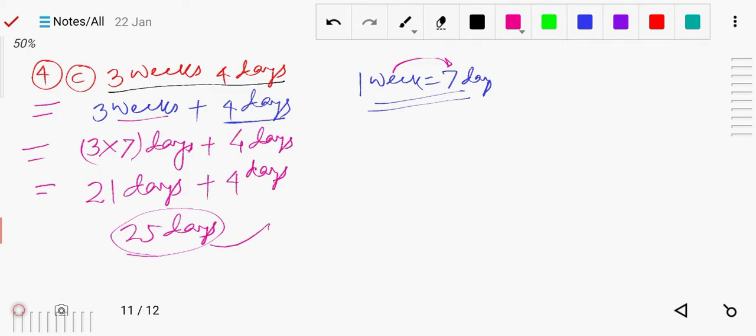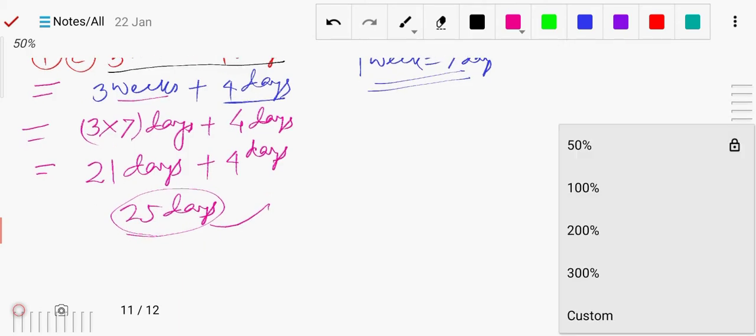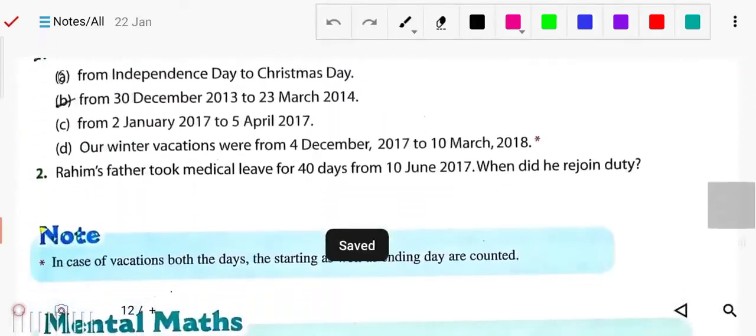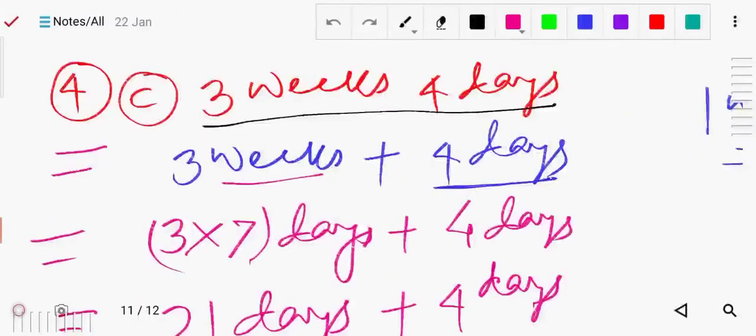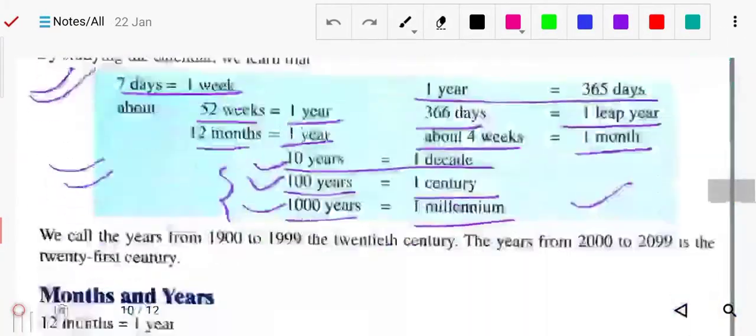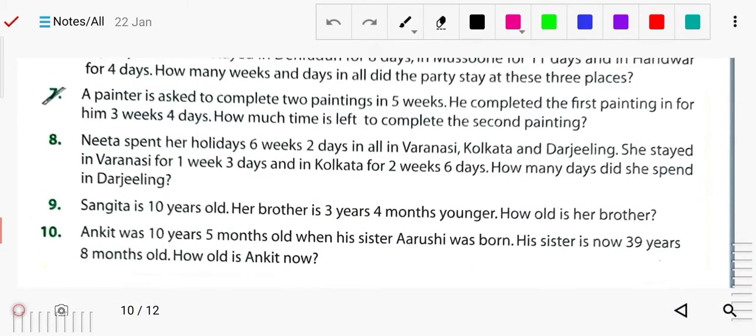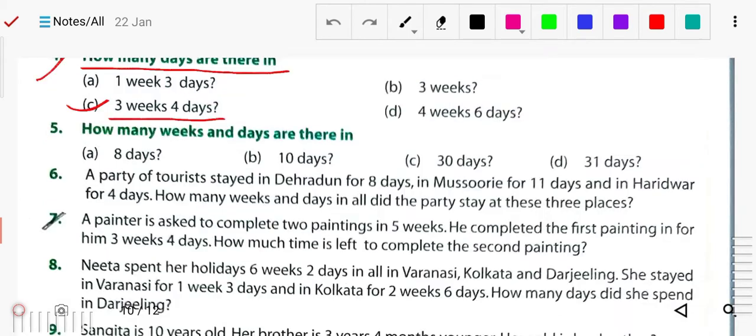Understood? Okay, now next question, just check out number 5. You can see how many weeks and days are there. So here I will solve number D. How many weeks and days, that you have to find out.